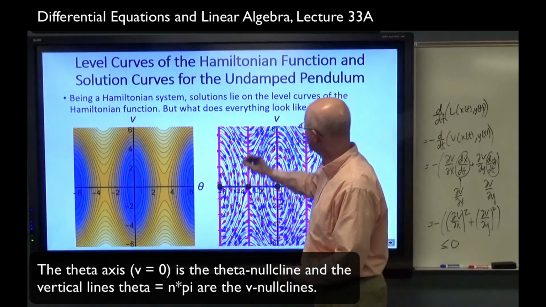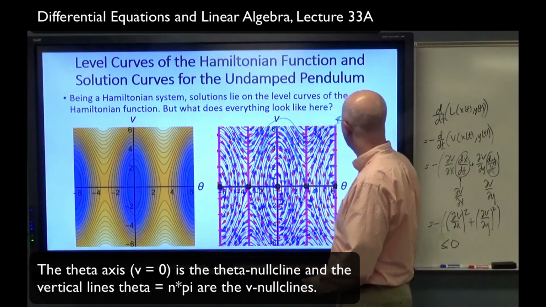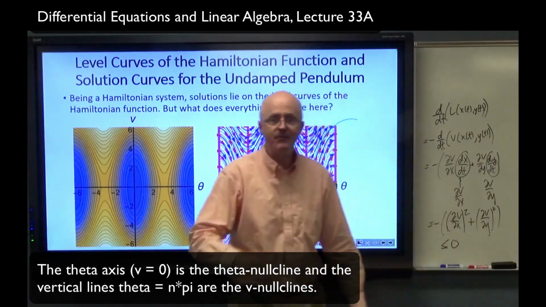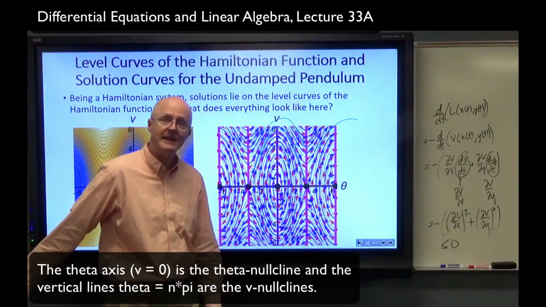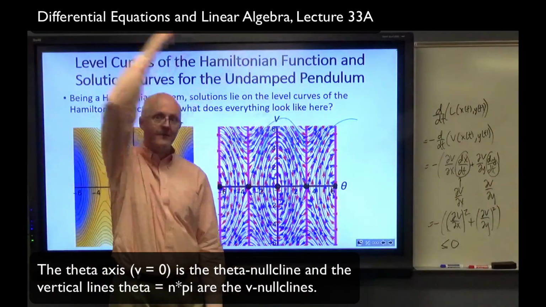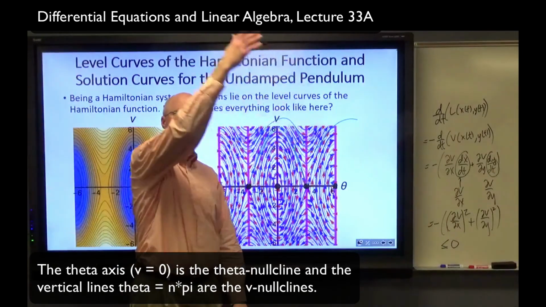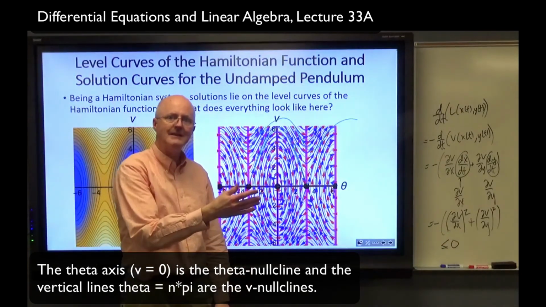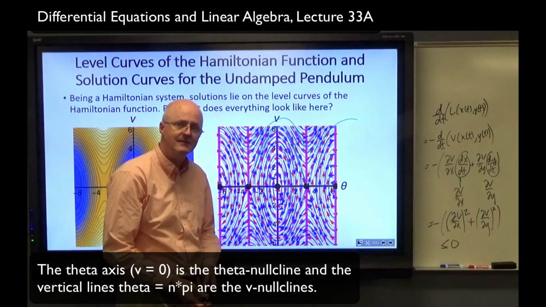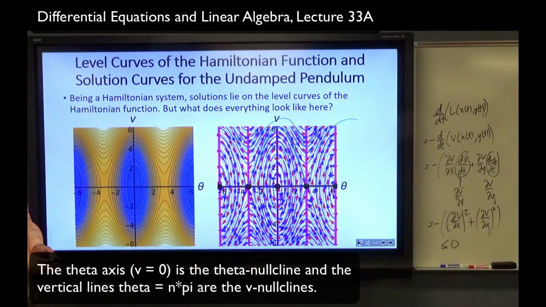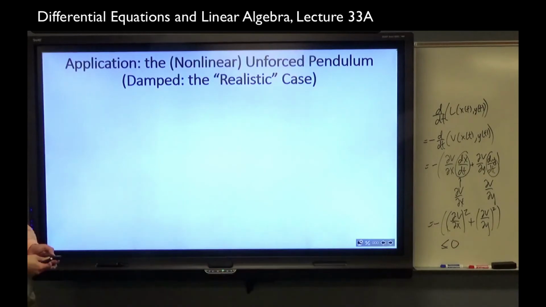There are also solution curves that go up and down like that. In the absence of friction, if you gave the pendulum enough initial velocity, it would keep going around and around and around, faster at the bottom, slower at the top, like that. As t increases, that's what those represent. Not observable physically, but interesting to think about mathematically.